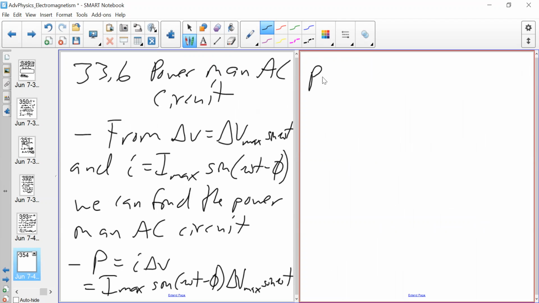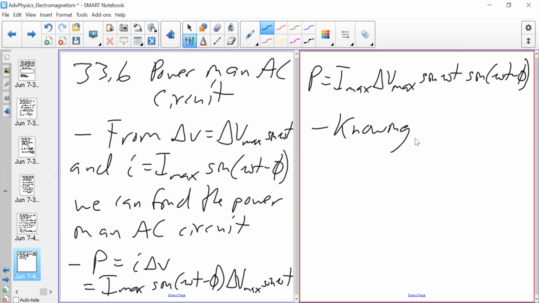And then I max delta V max sine omega t, sine omega t minus phi. So how can we represent this in a practical way?